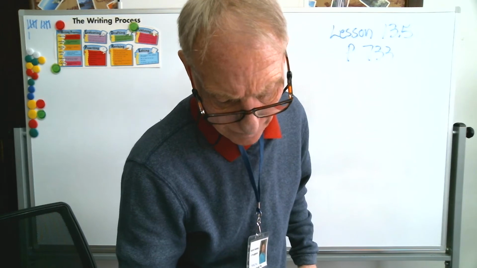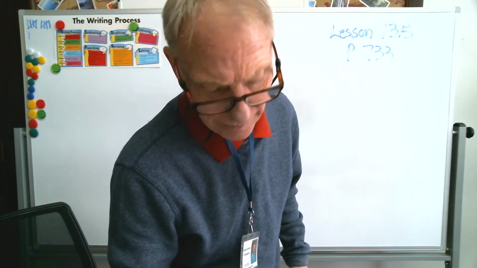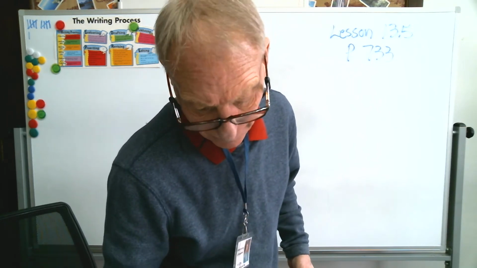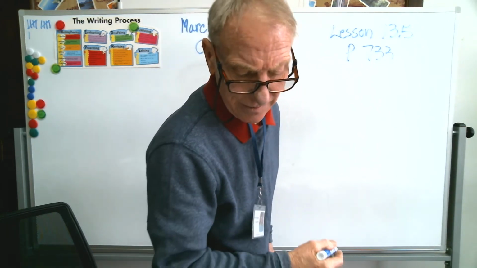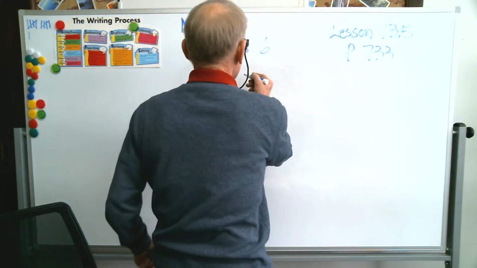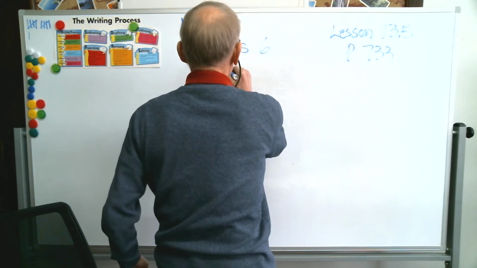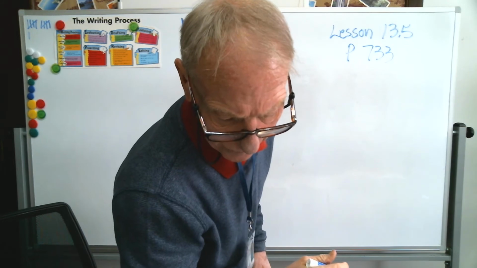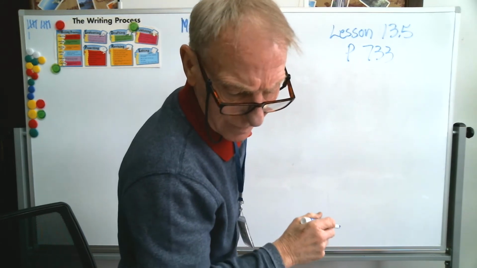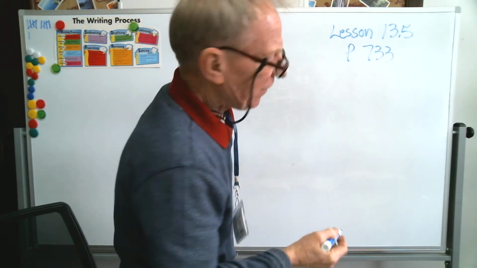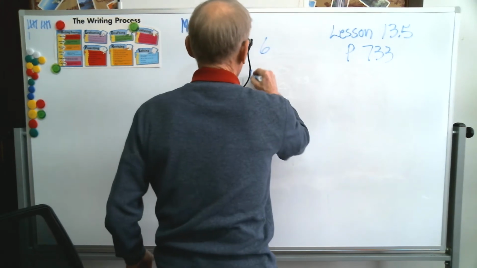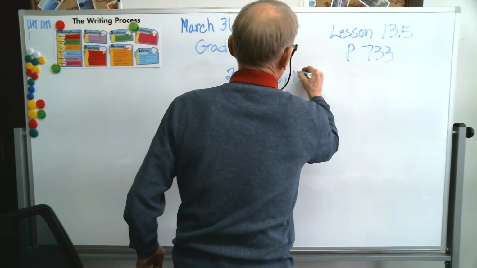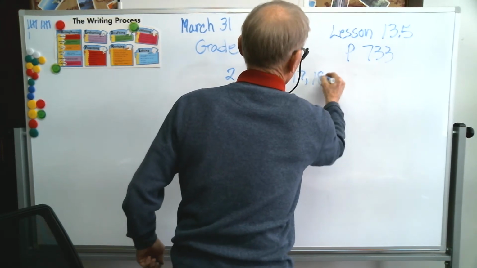The first thing we're going to do is find the mean. So we've got 17, 16, 18, 15, and 2. Let's put the numbers in order: 2, 15, 16, 17, and 18.